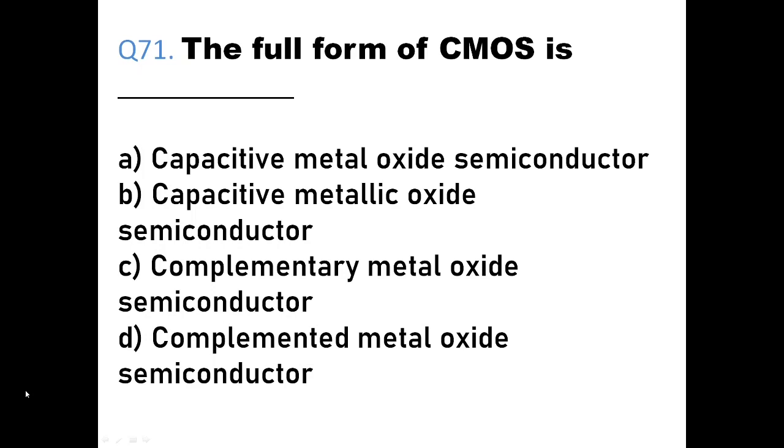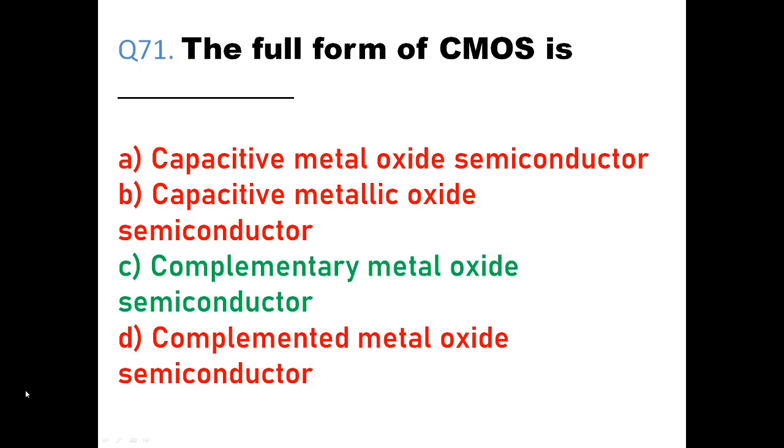Because you are using an N channel MOSFET and a P channel MOSFET, an NMOS and a PMOS both, on the same substrate. It is called complementary MOS, that is complementary metal oxide semiconductor. So option C will be the correct answer.